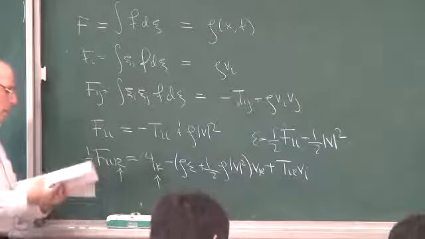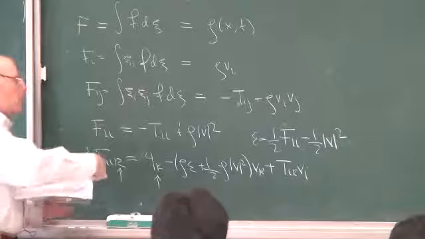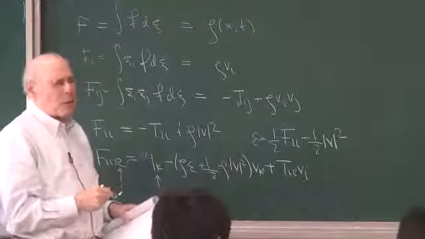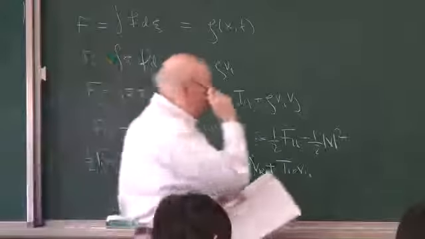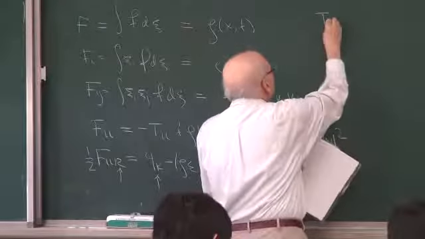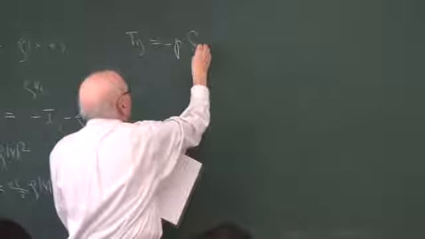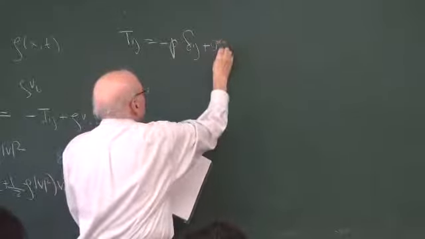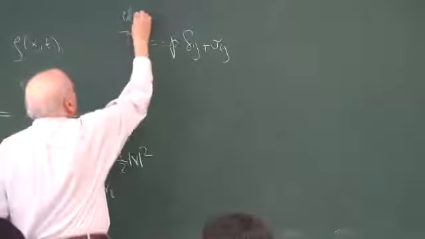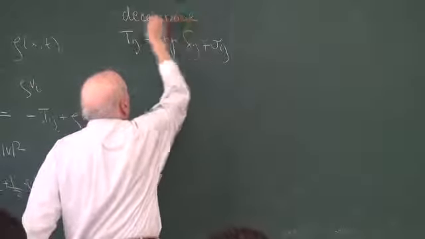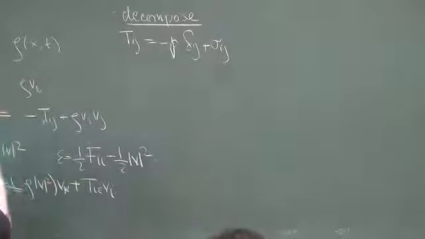But one other useful fact is let's decompose. Now you see why I didn't put it all on a slide. It goes too fast. Okay, so let's decompose T_ij. This is as complicated as it gets. So let's decompose the T_ij into two pieces.